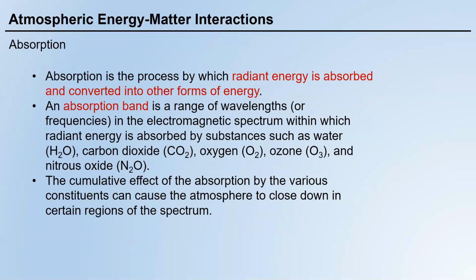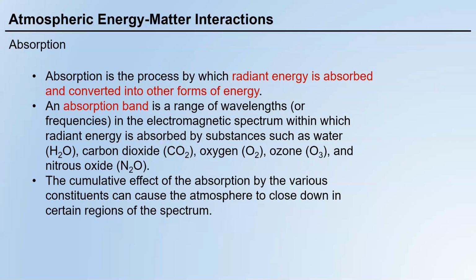Okay. So besides scattering, there is also an absorption effect from the atmosphere. Absorption is the process by which radiant energy is absorbed and converted into other forms of energy. The most important other form here is thermal energy, right?